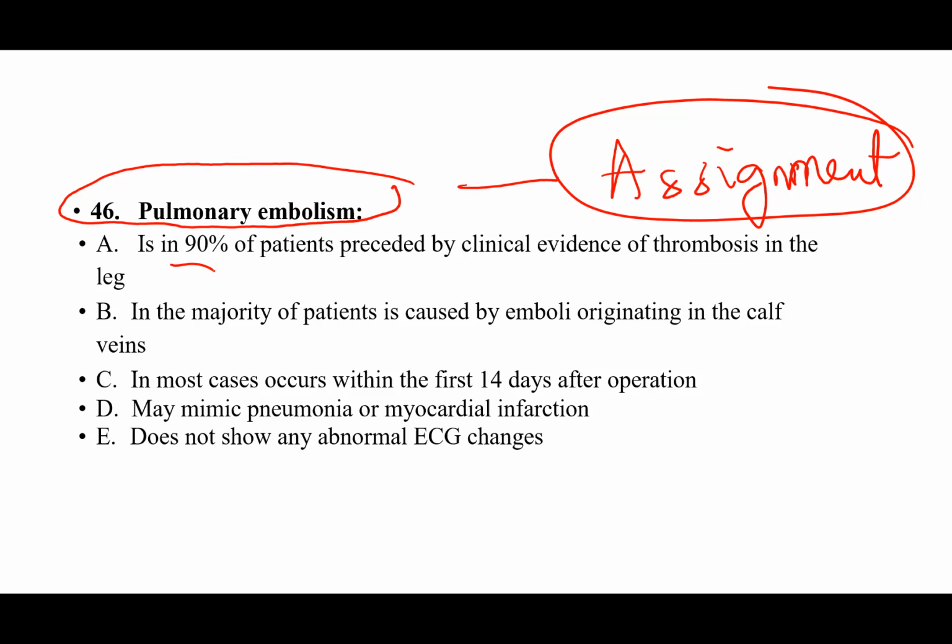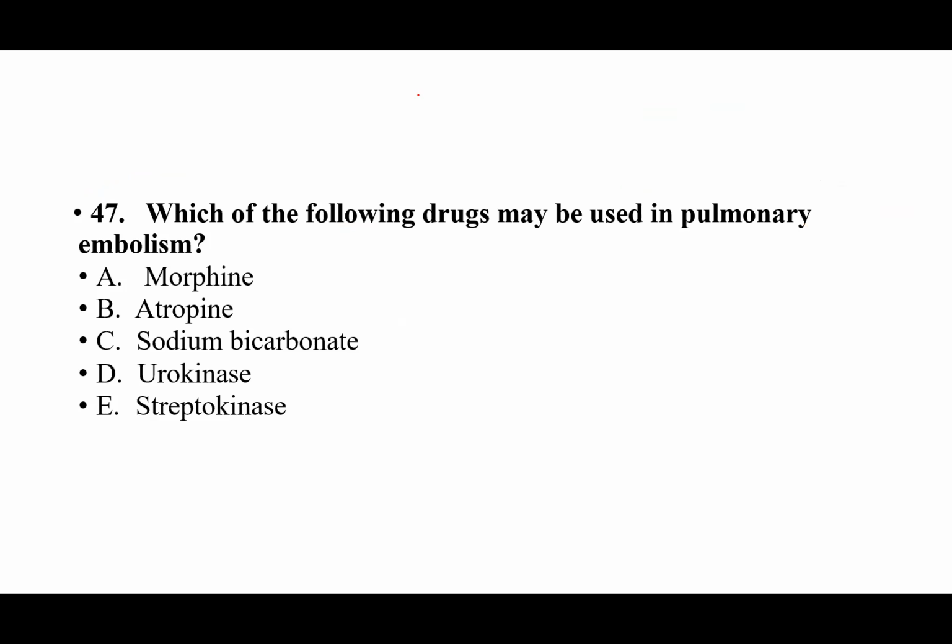Pulmonary embolism. In most cases, occurs within the first 14 days after operation. True. Pneumonia, myocardial infarction, does not show abnormality. Please, let's all go and read about it. It's a very important topic.